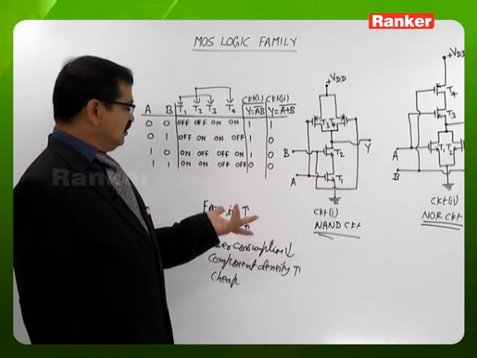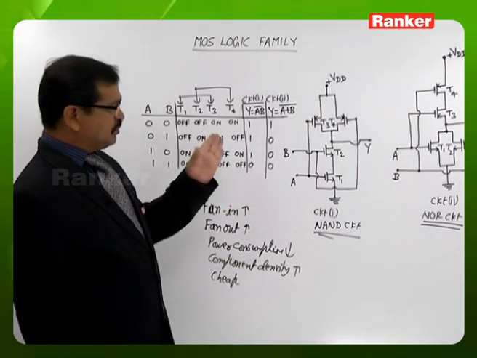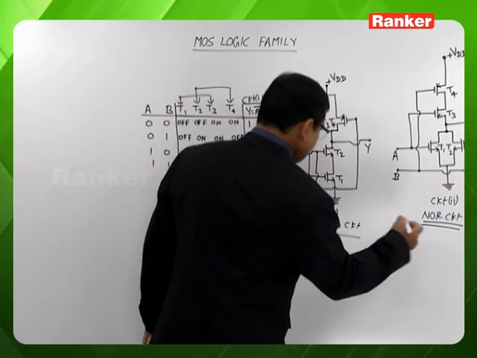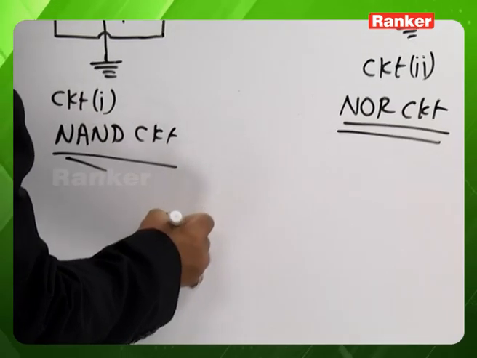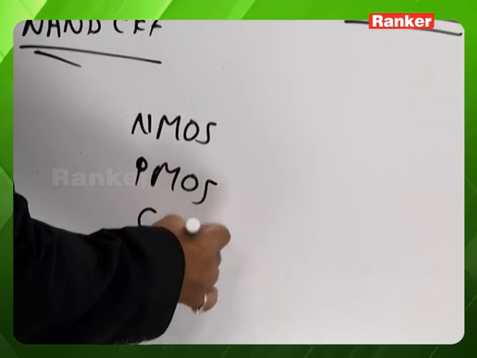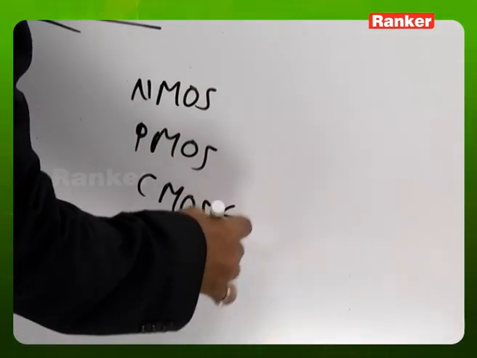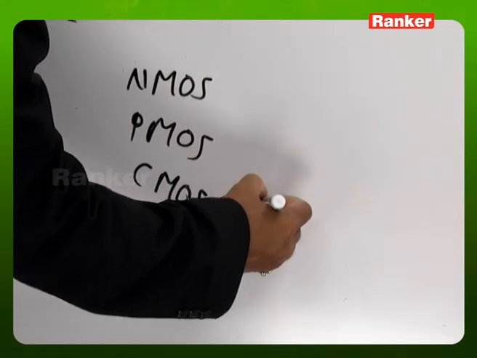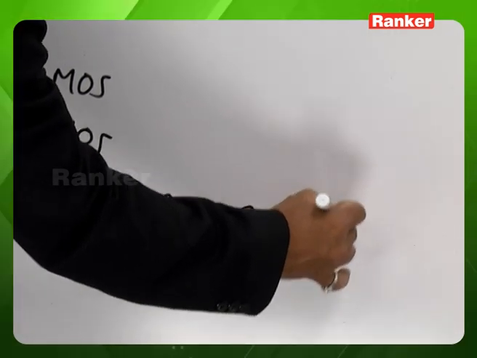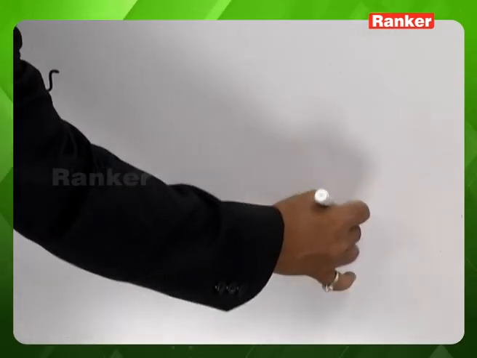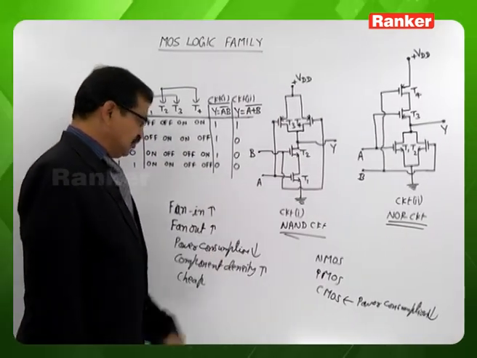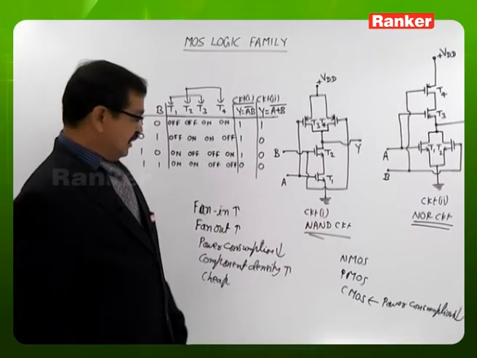The power consumption of MOS logic ICs will be less, and among NMOS, PMOS and CMOS, power consumption is least for CMOS.